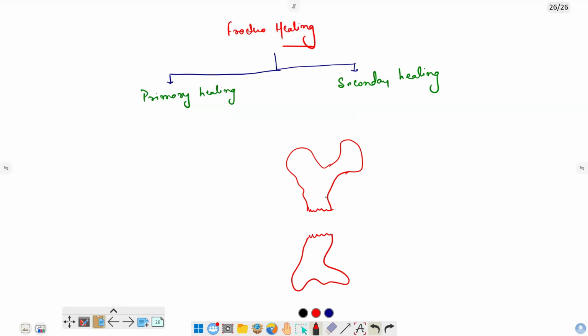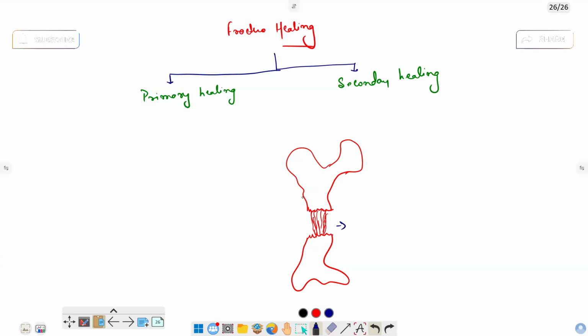During the healing process, there will be formation of a bridge of soft tissue, a fibrocartilaginous structure. Basically, chondrocytes, fibrocytes, osteocytes and osteoblast cells will come and form a bridge here. This bridge will ultimately form new bone. It will be replaced with the hard callus, a hard bony structure, and the bone healing will be completed.